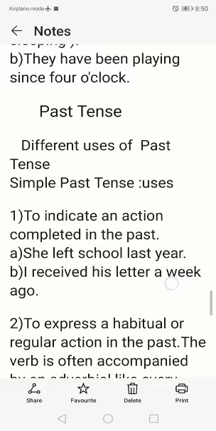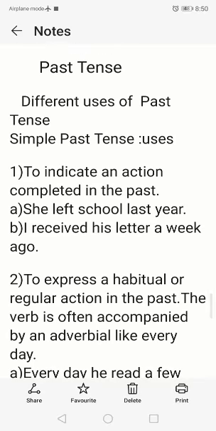Okay, let's come to the next form of tense, that is past tense. Different uses of the past tense. First one is the simple past tense and its uses. The first use of simple past tense is to indicate an action completed in the past, an action which has already completed in the past period.